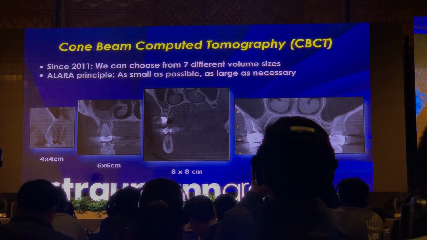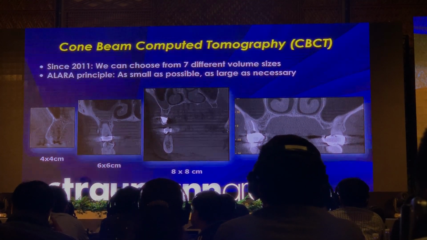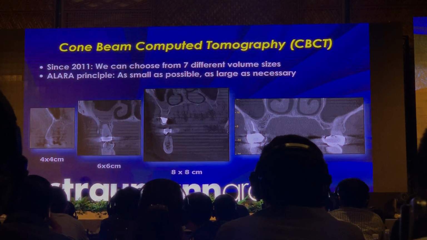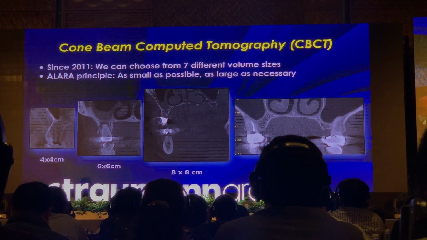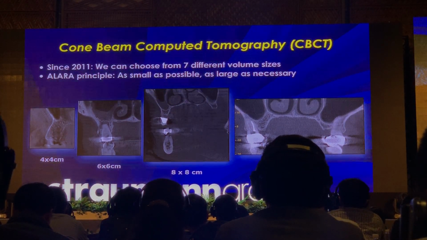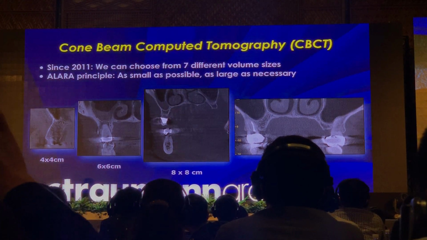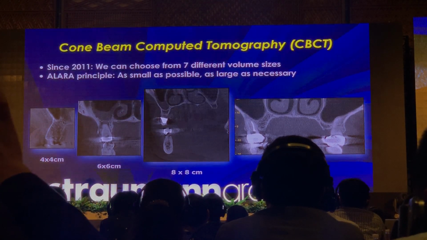When we do the scan, also the 3D radiology for computer-assisted surgery, we need to have enough occlusal surface to match it with the intraoral scan. So I would say the 4 by 4 centimeter volume is most often not large enough.